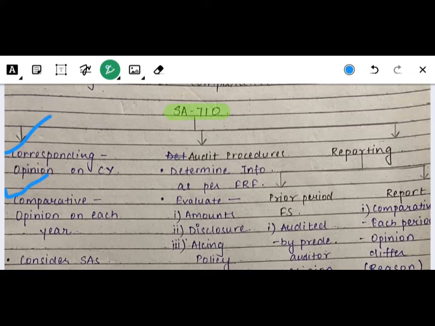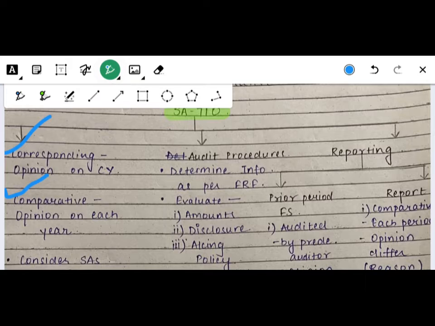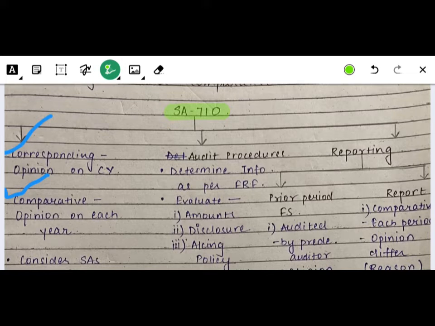But if it is comparative information, then 18-19 and 19-20 are just for reading, or for comparing the figures, and not for the opinion. In that situation your opinion refers only to the current year, and in corresponding figures, to each year, that is 18-19, 19-20 and 2021, right?